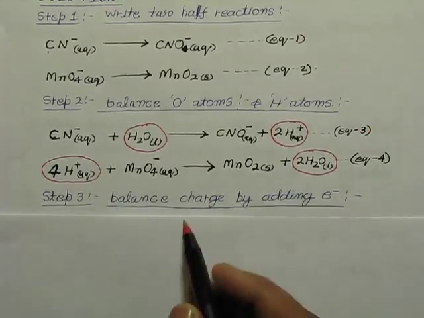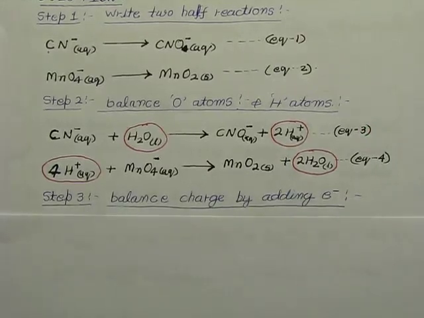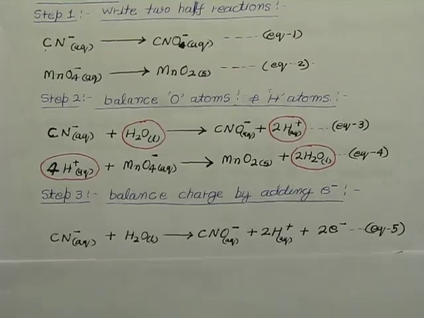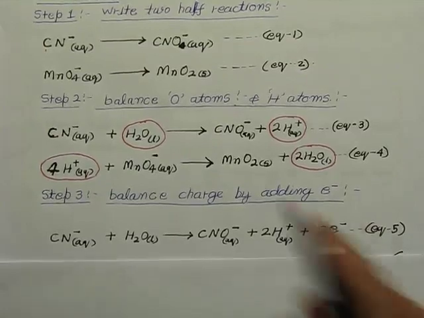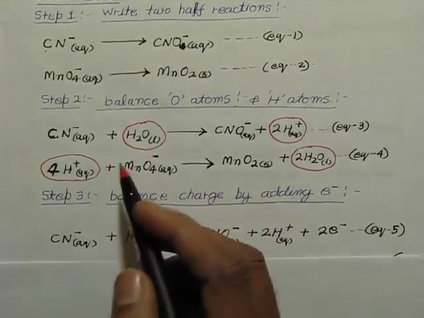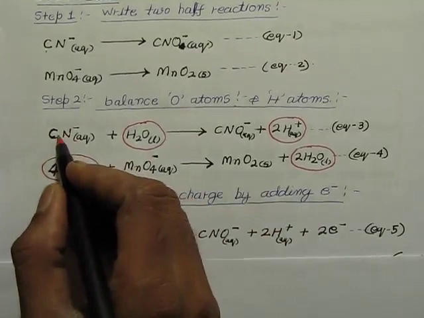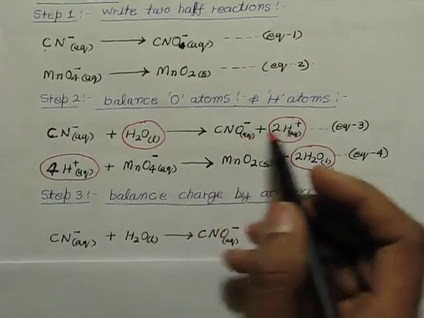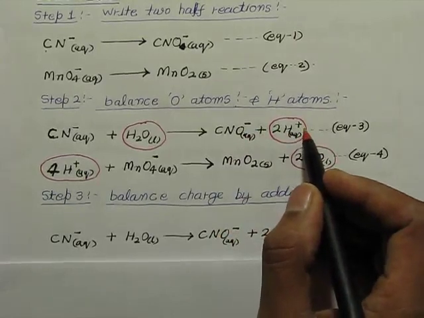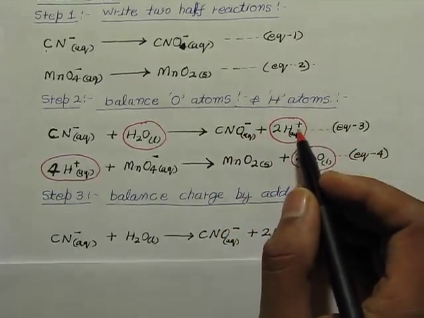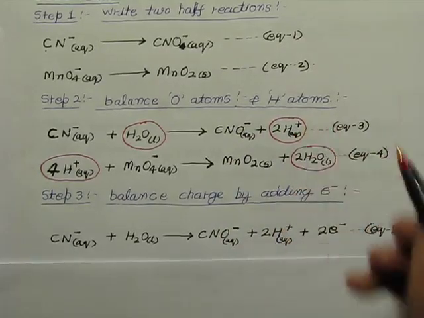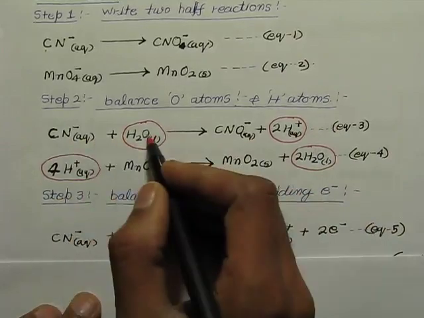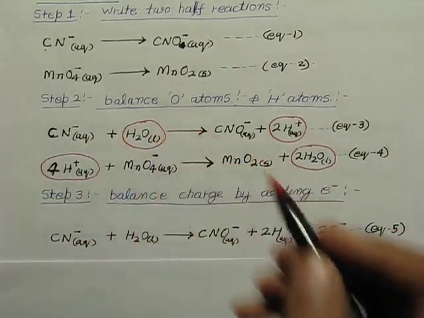Next we have to balance the charges by adding electrons. So let's see how many charges are here. If we look at equation number 3, we have one negative charge on the left hand side and one negative charge on the right hand side, but there are two positive charges due to hydrogen ions. So the negative charges are balanced and water is a neutral molecule, so zero charge.